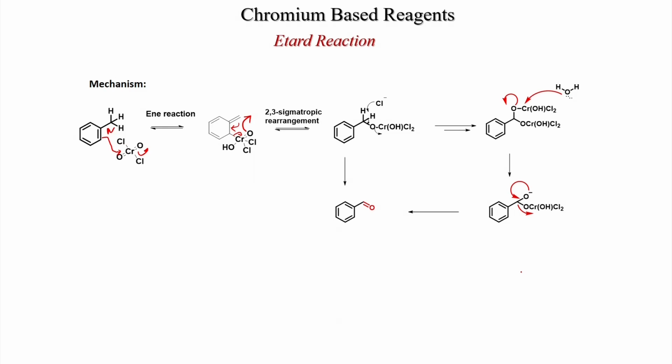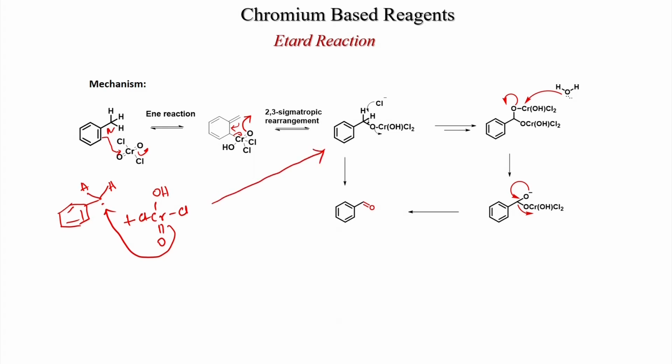So, here I will just tell the other mechanism which is possible and which was earlier proposed by the authors, that this kind of benzylic radical can form, and then this can react to this radical, and which will form this intermediate.